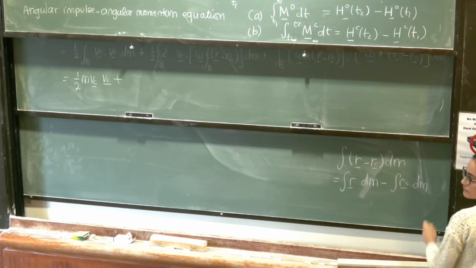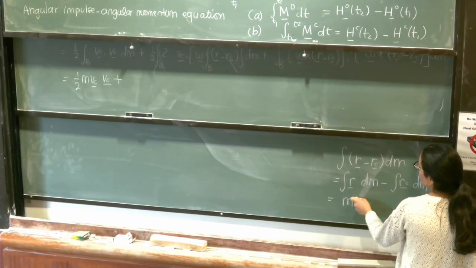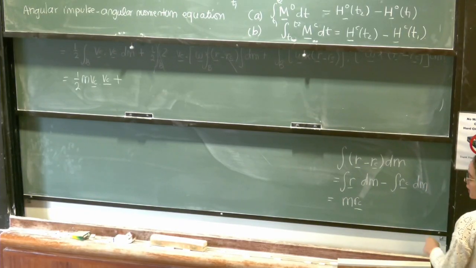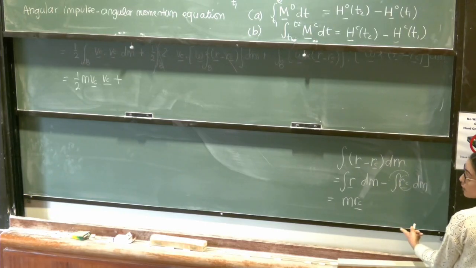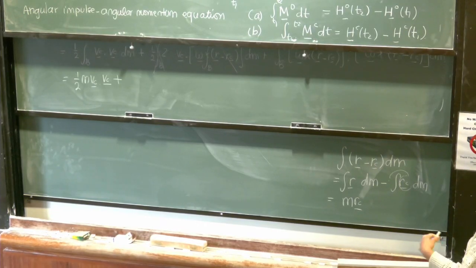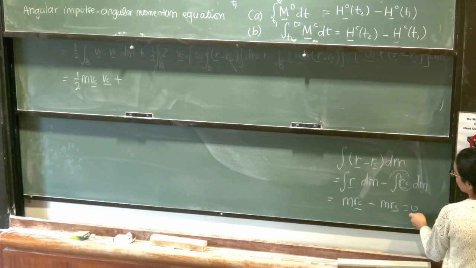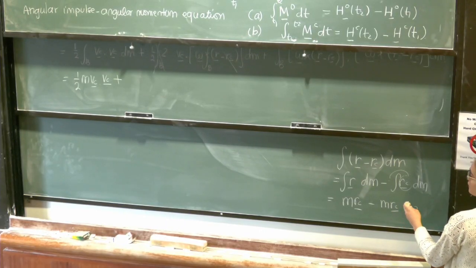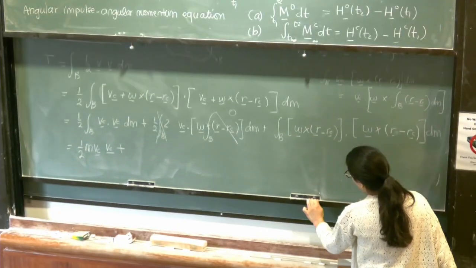By definition, the integral of r dm is m rc. And this rc I can take outside, so it becomes rc times the integral of dm, which is also m rc. So the difference is zero.